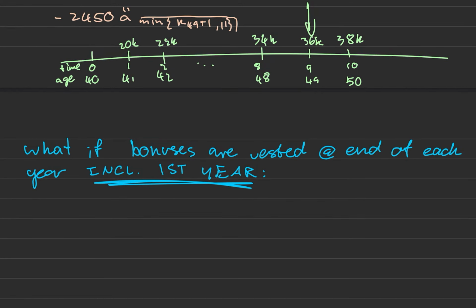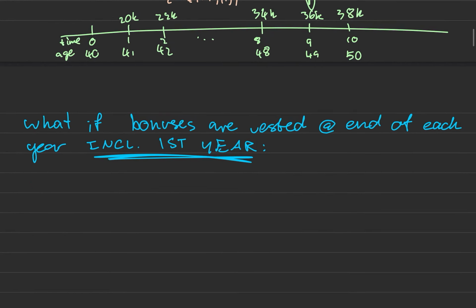So what's the difference then? My L0, my future loss random variable at the beginning of this policy at time 0, will be equal to 20,000 plus 2,000 times the minimum of K40 and 20.